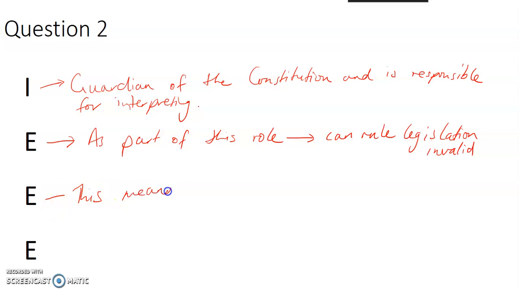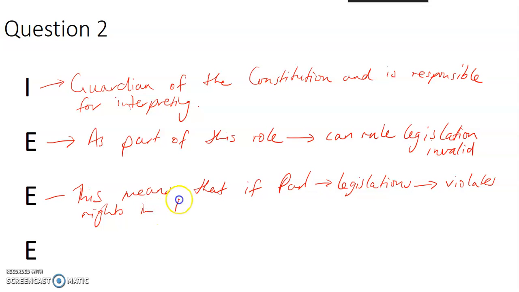This means that if Parliament passes legislation that violates rights contained in the Constitution, it can deem those laws invalid.